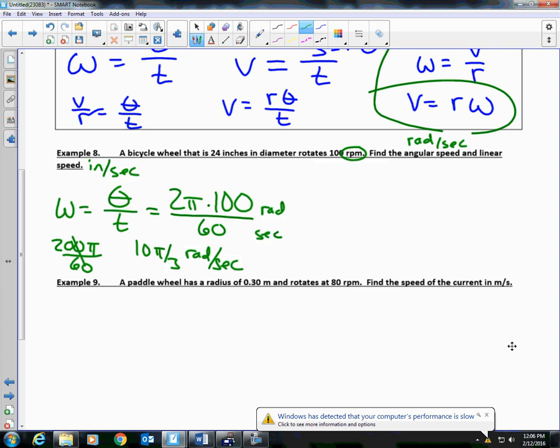All right. So linear speed, velocity, is equal to r times omega. What is my radius? 12 times 10 pi over 3.